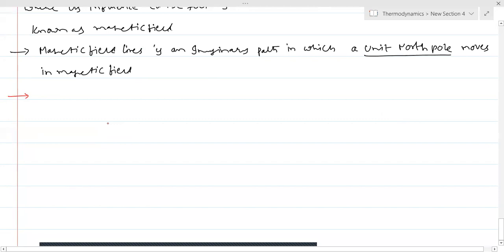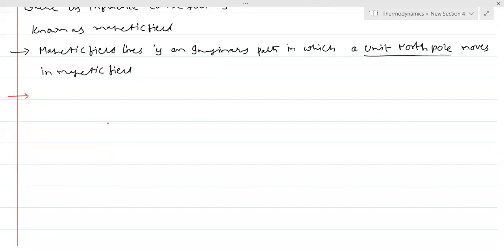Similarly, in electrostatics, we will study that the electric lines of force are nothing but the path of a positively charged particle.